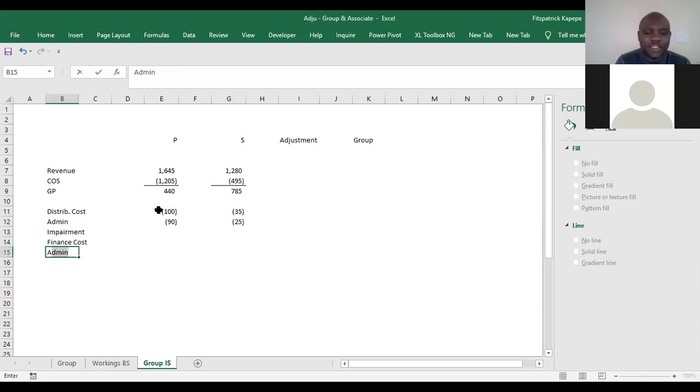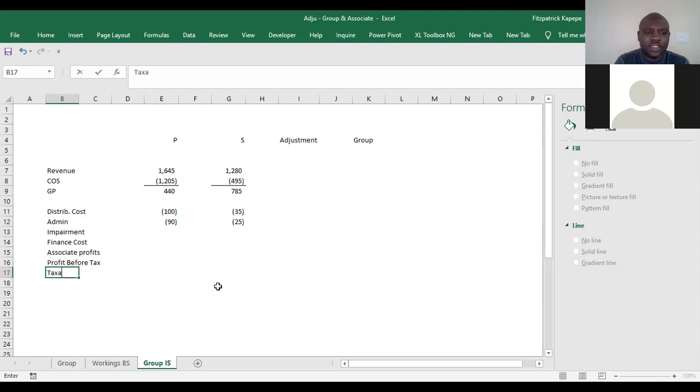We need to calculate any associates' profits. Obviously, we have profit before tax.